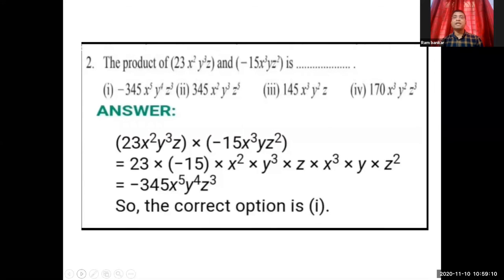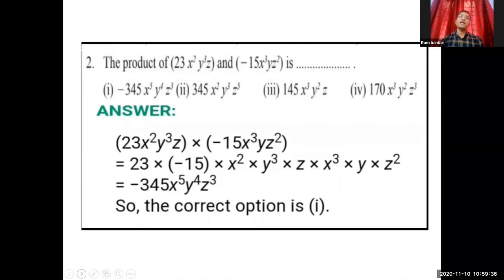So you will find the answer minus 345. How did 345 come? 23 into 15, 345. x cube is there. Why x cube? x square into x cube, how much? x fifth. Index is 5. y is fourth index. z index is 3. Okay, so the correct option is option number 1.